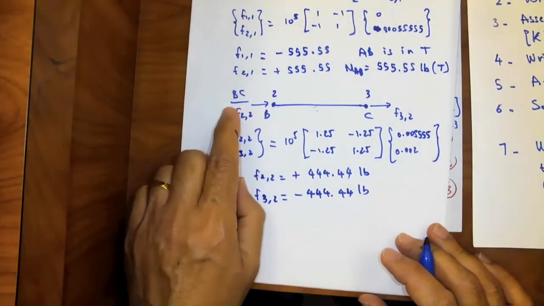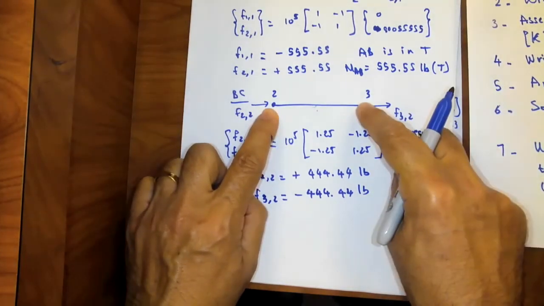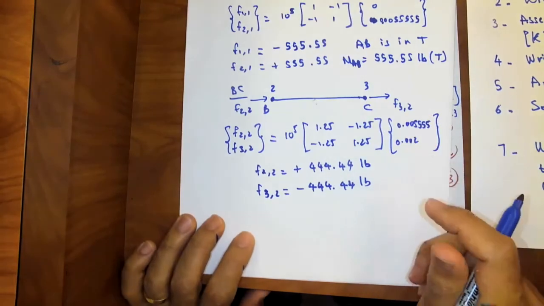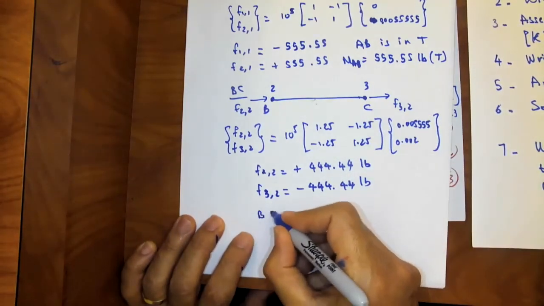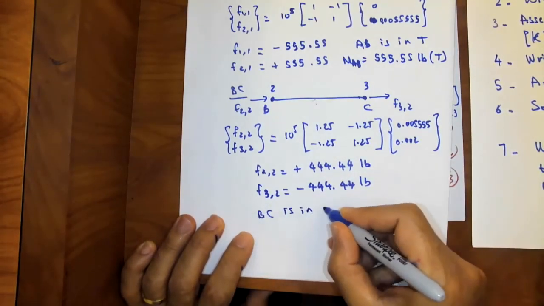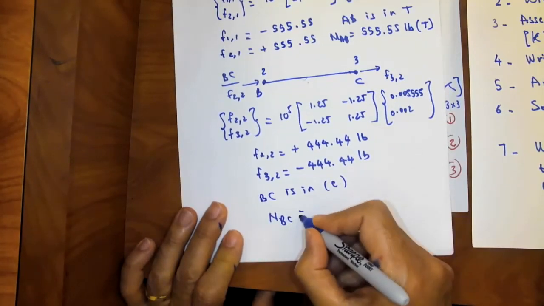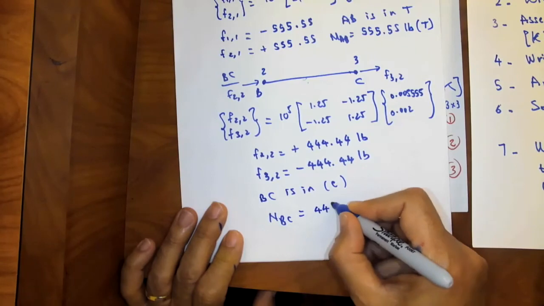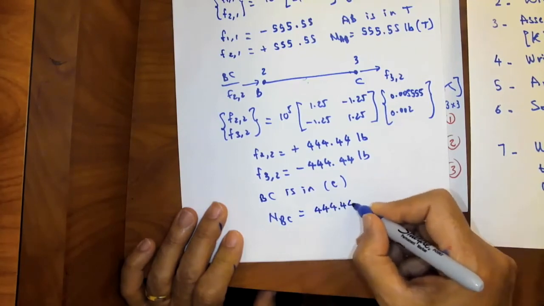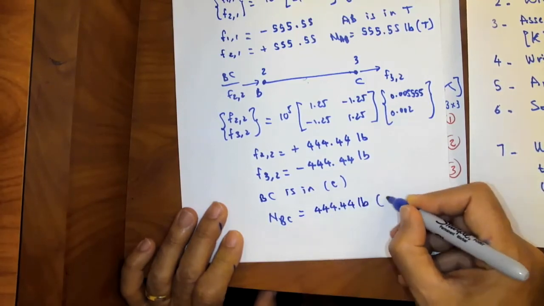Now look at this, positive, negative. So BC is in compression. BC is in compression, and NBC is equal to 444.44 pounds compression.